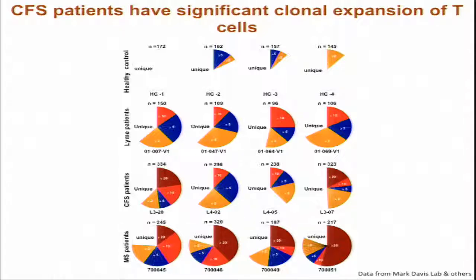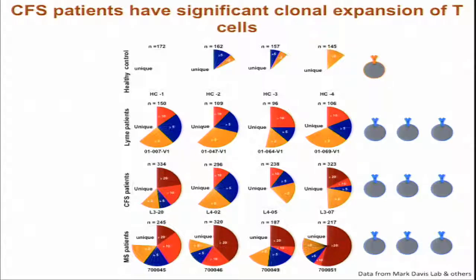And you can also see here are the CFS patients, and they have a similar pattern. So this suggests that there is at least an immune response in CFS patients, which you do not see in healthy controls, and you do see in other diseases that are known to have activated immune responses.